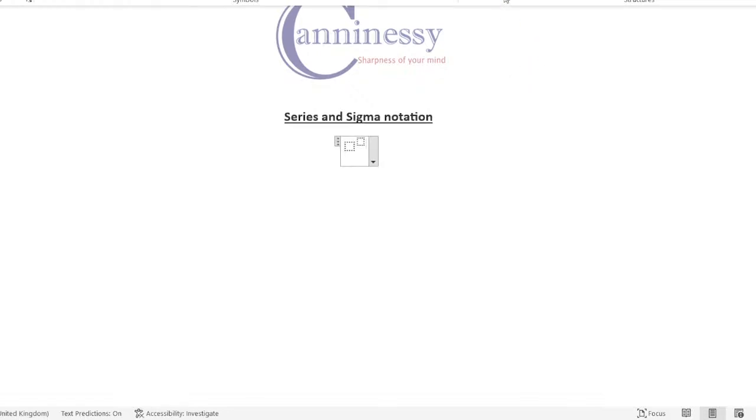The general term Tn is equal to A plus (n minus 1) times d.